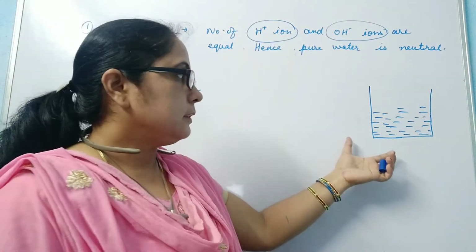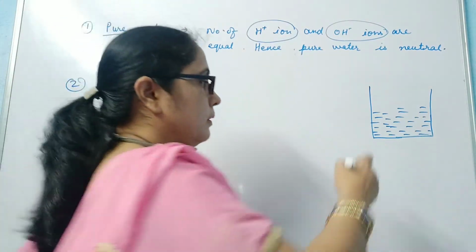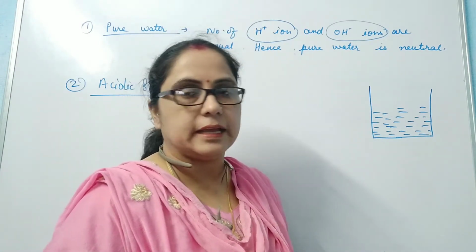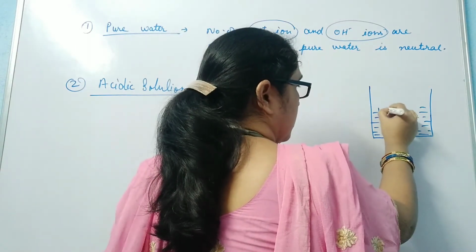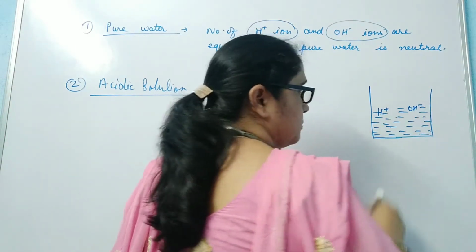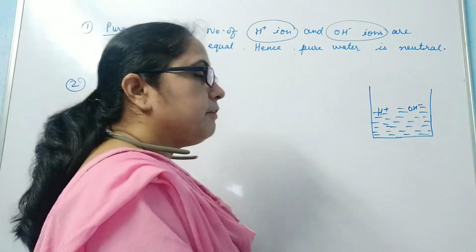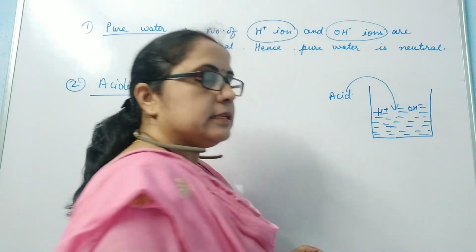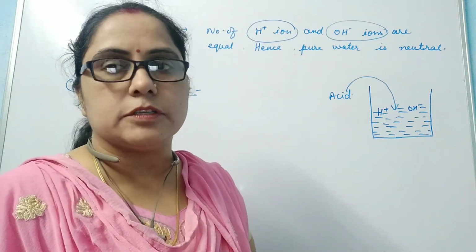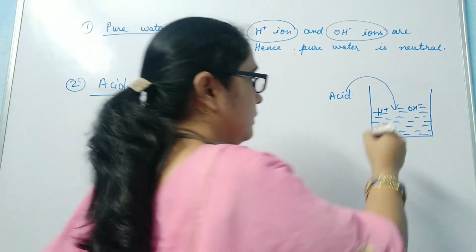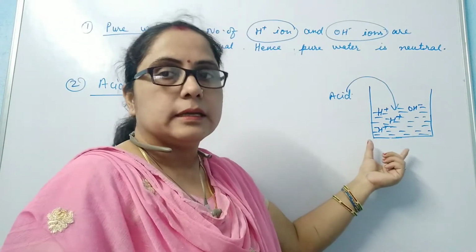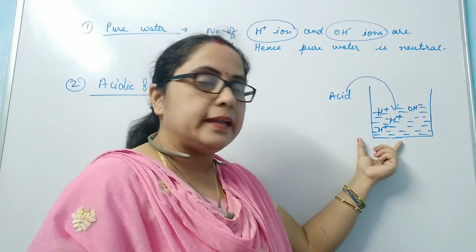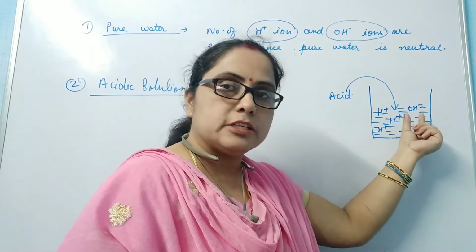See this figure. This is a beaker containing water. Water is slightly ionized and gives H plus ion and OH minus ion. Already it contains H plus ion and OH minus ion. If we add acid to it, acids release H plus ion in aqueous solution or in water. Hence, the number of H plus ion increases in this solution and more H plus ion is present as compared to the OH minus ion.